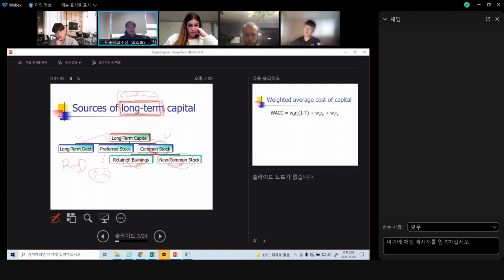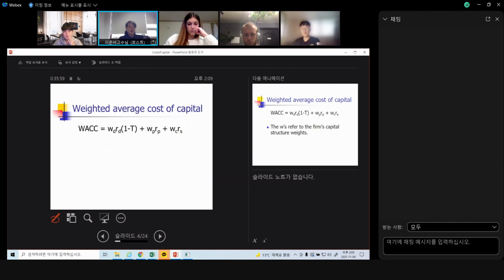Anyway, long-term debt, preferred stock, and common stock. Common stock can be decomposed into two types: retained earnings, or newly issued common stock.